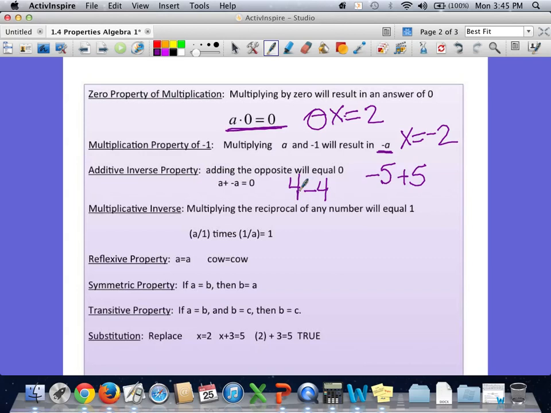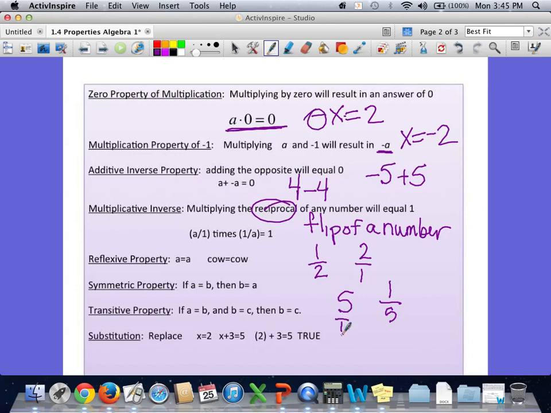Multiplicative inverse means you are multiplying by the reciprocal, which means the flip of the number. So if I had 1/2, the reciprocal would be 2/1. Same as if I had the number 5, the reciprocal would be 1/5.